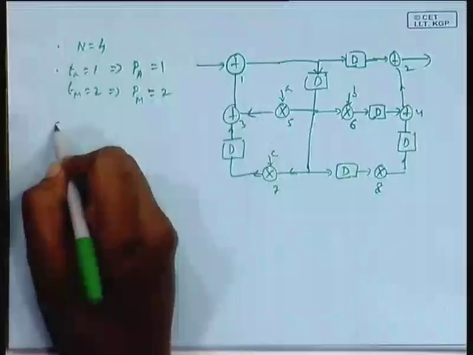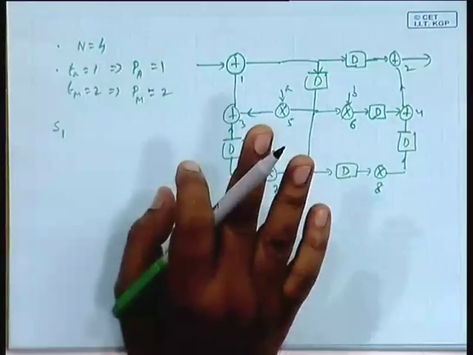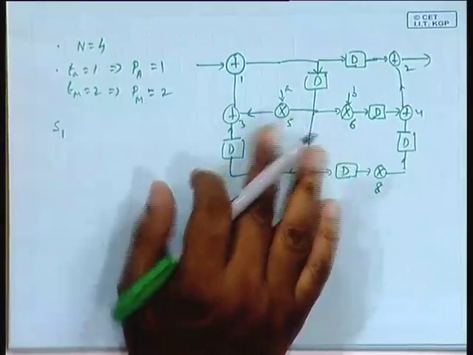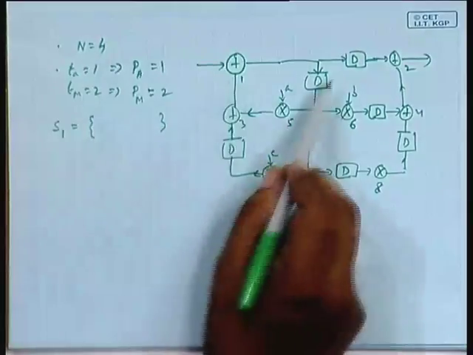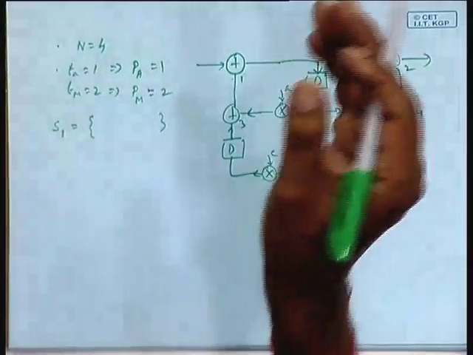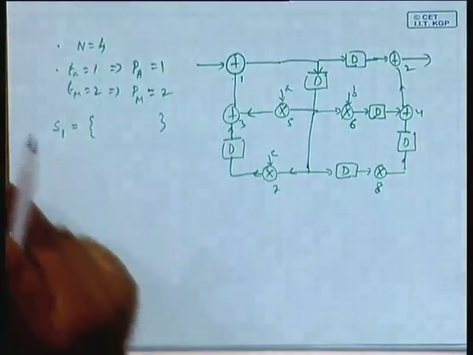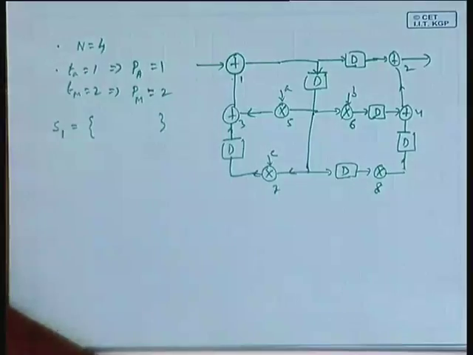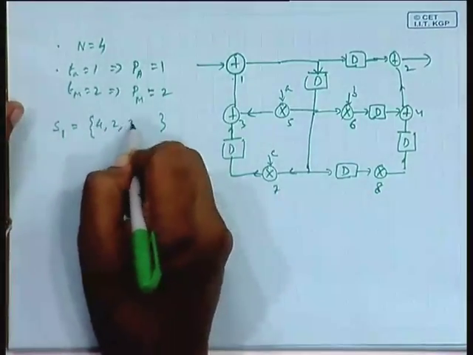So the schedule that he chooses is S1. I need 2 schedules, one for the adder category, the 4 adders, adders 1, 2, 3, 4, and N is also equal to 4. So no cycle is wasted, no phi is required. S1 he chooses to be 4, 2, 3, 1.